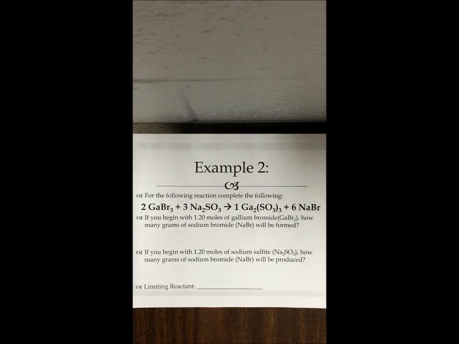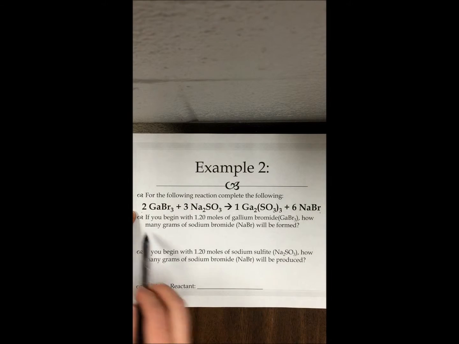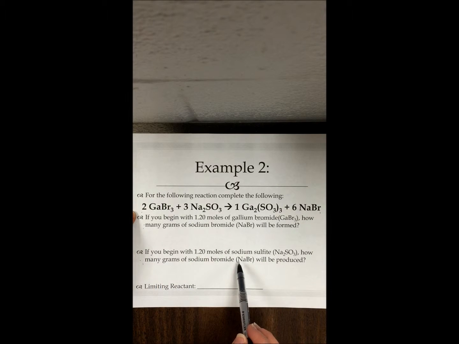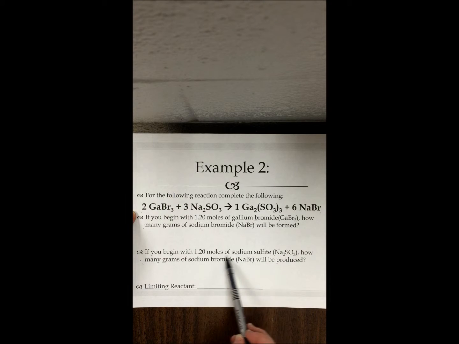A typical example for a limiting and excess reactant will give you your chemical reaction here, pre-balanced. Then it's going to give you two different scenarios. It's going to tell you how much you have of one reactant and how much you have of the second reactant. Now, the key to doing a limiting and excess reactant is looking at going towards the same product.